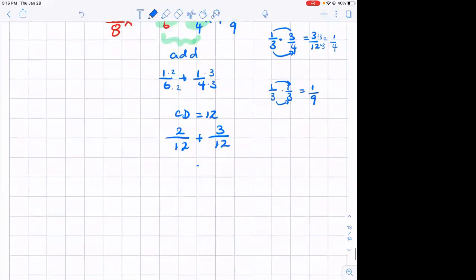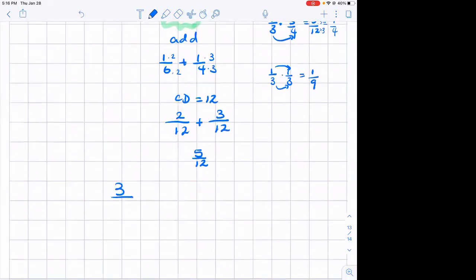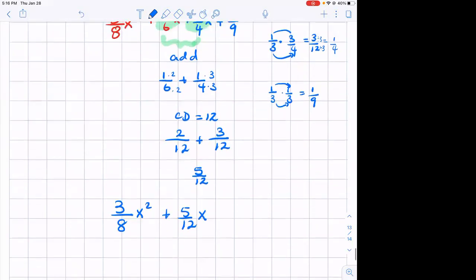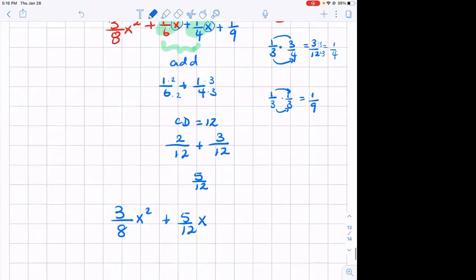And now 3 plus 2 becomes 5 over 12. So the final answer is 3 over 8 x squared plus 5 over 12 x. Don't forget the x, because each one of them had an x. Plus 1/9.